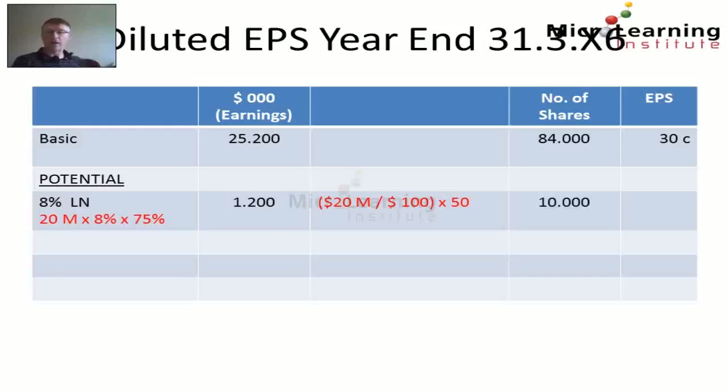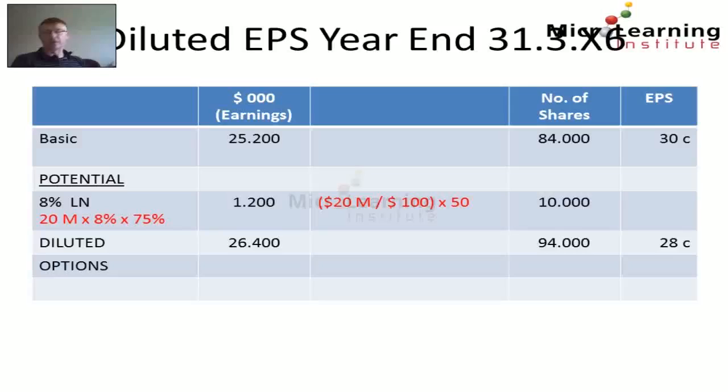So on redemption of the loan note, our diluted earnings will become the sum of 25.2 million and 1.2 million, which is 26.4 million. And our number of shares will become the original 84 million plus the additional 10 million that would need to be issued to redeem the loan note, bringing our total number of shares to 94 million. So our first dilution is to 28 cents.